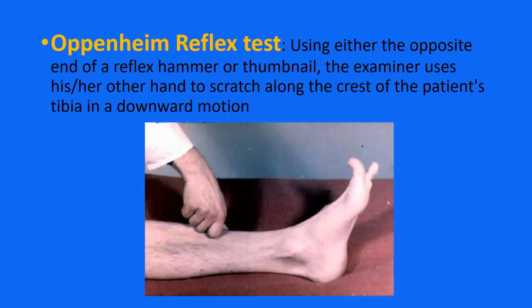There is another way you can elicit the Babinski sign. It's called the Oppenheim reflex test, using either the opposite end of a reflex hammer, which is smooth, or a thumbnail. You run the nail of your thumb along the shin of the tibia, and you'll have a Babinski sign if the patient has it.